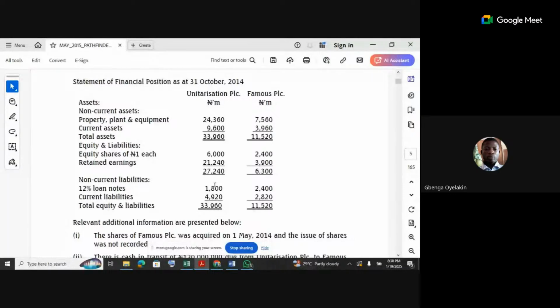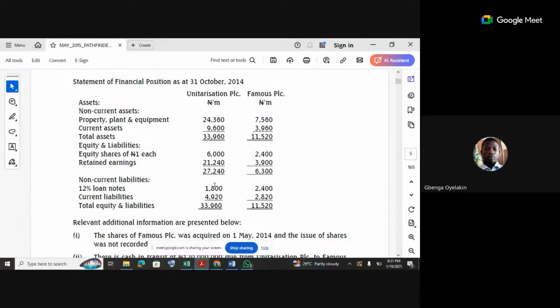And from the information presented, they have only 2 items that we are actually considering now, which is equity shares and retained earnings. And equity shares at the reporting date was 2,400, and we don't have any information as to whether there was an increment or decrease in the equity share capital.